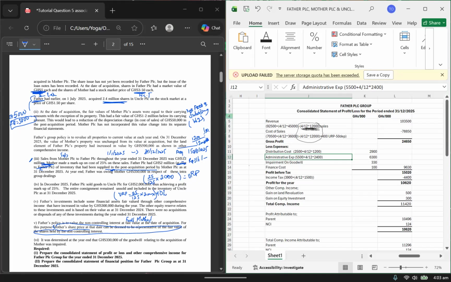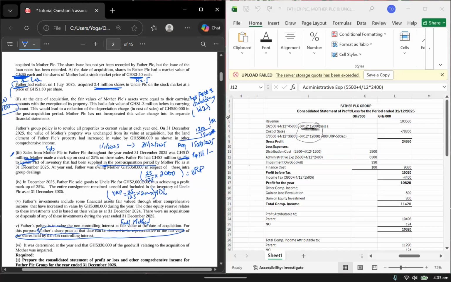But in some questions, the value will be given for the post-acquisition period. In that case, you don't do 4 out of 12. Here we are doing 4 out of 12 for the intra-group sales because they said the 12 million sales is throughout the year, so you need only the post-acquisition period.